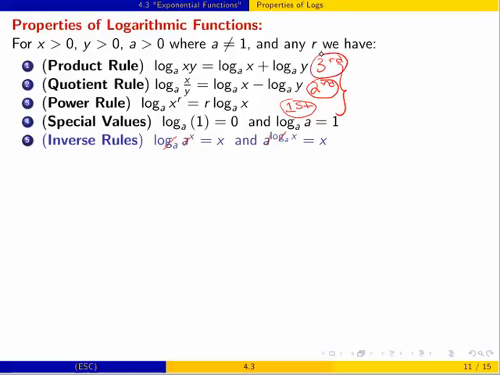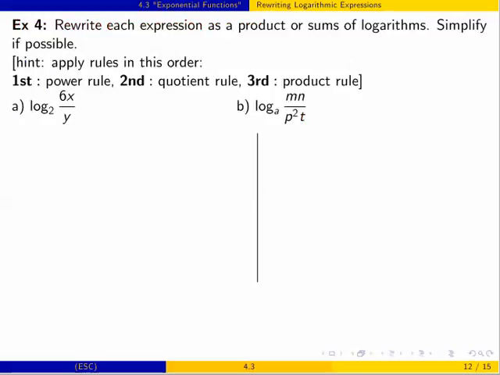In this exercise 4 from the class notes, we're supposed to expand, in part A, this logarithm expression. Notice there's no power, so the next property that we look for is the quotient rule. A quotient is basically a fraction. Here there's a fraction, so we're going to use the quotient rule.